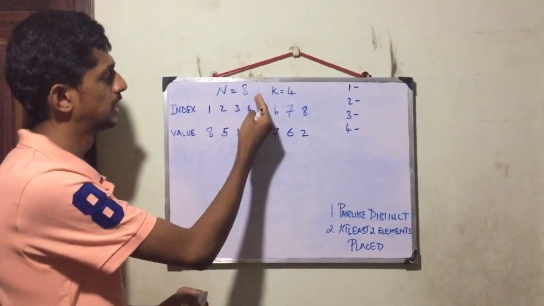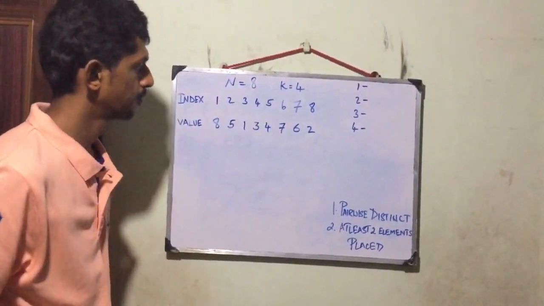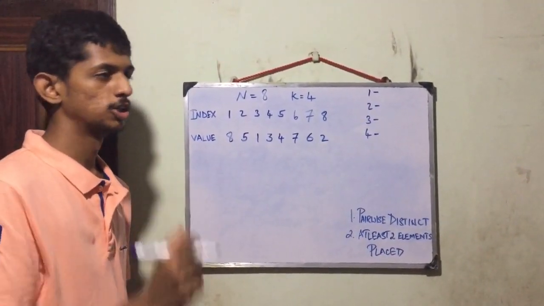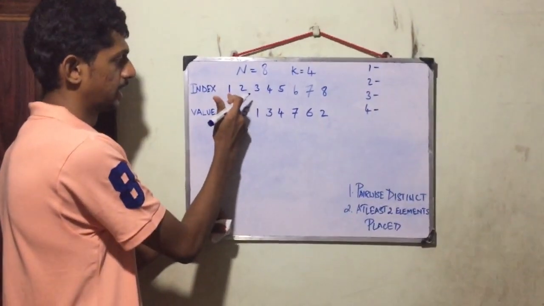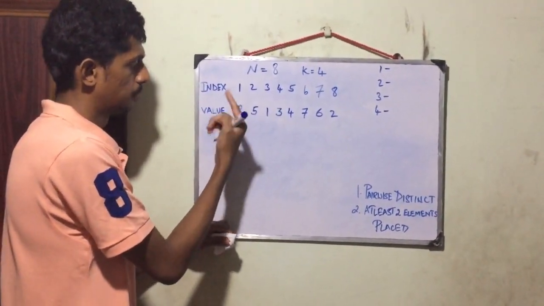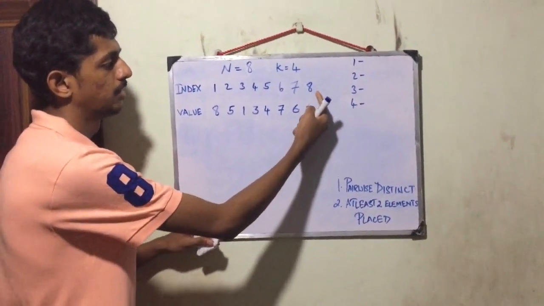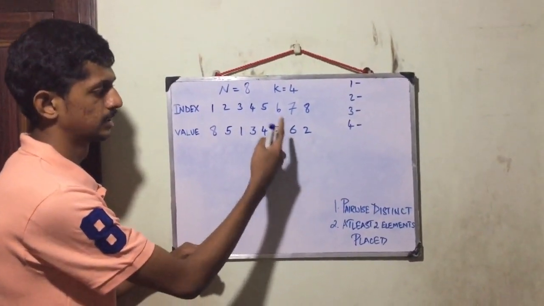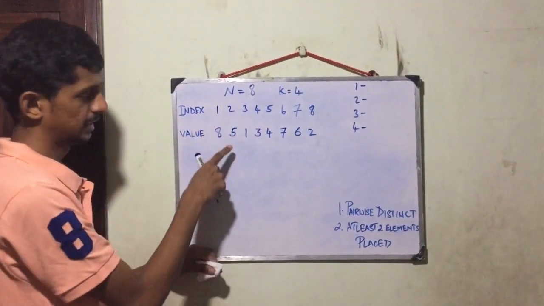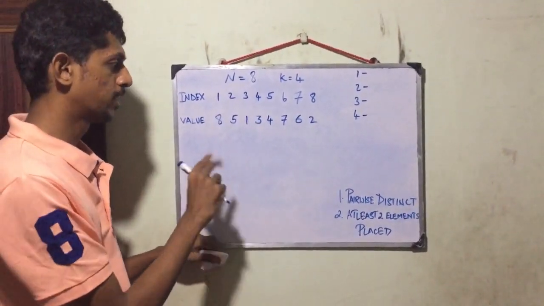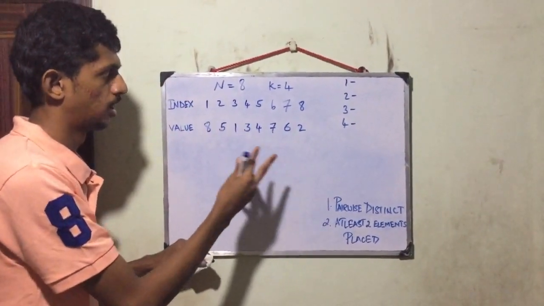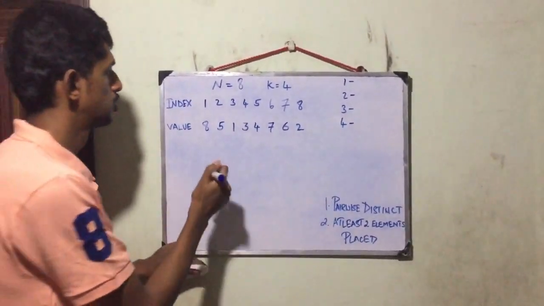For this, k is equal to n by 2, that is 4. Now let's move on to the logic. In the first index you have the value 8, but this 8 should be placed in the 8th index, and similarly we have 2 in the 8th index. This value 2 should be placed in the second index. So after completing k steps, your array should look like this.